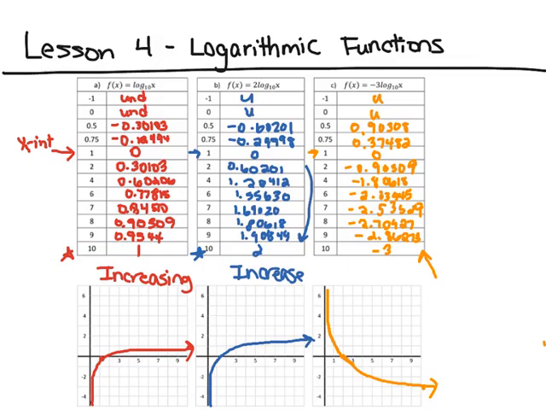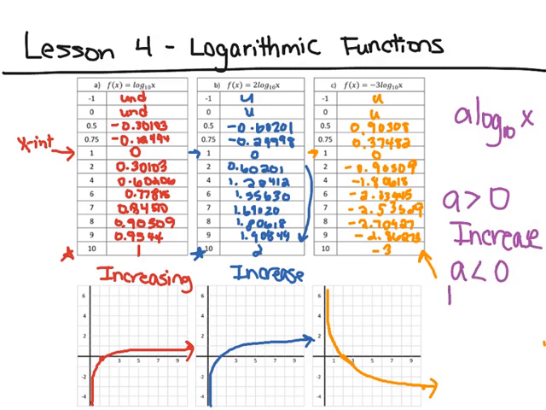So the important information is that if your a value, in a log base 10 of x, is greater than 0, so if it's a positive number, it increases. If a is less than 0, it decreases. Also a really important point is this 10 point. Your graphs will go through the point where when x is 10, y will be a, whatever your a value is, for logarithms in base 10.